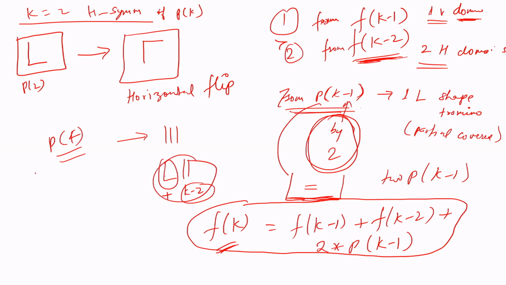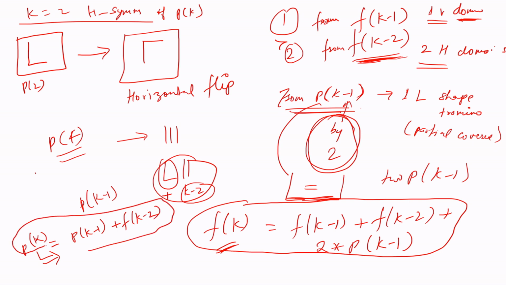We can do adding a horizontal domino to a partially covered board of k minus 1, that is nothing but P of k minus 1, correct? So we can say that the conclusion for P of k is P of k is P of k minus 1 plus f of k minus 2. So this is our example. These are our two conclusions for f of k and for P of k.